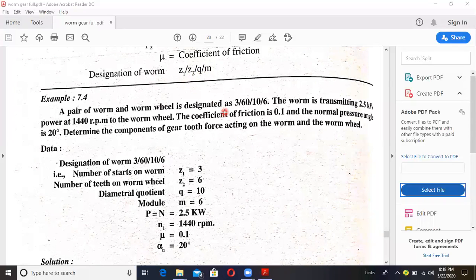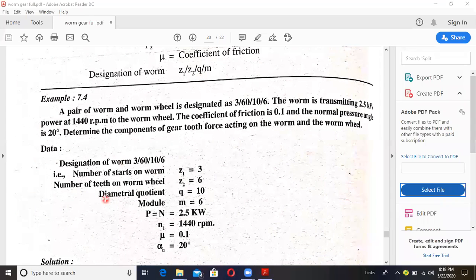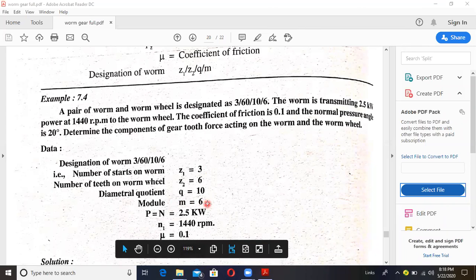So here 3 is Z1, the number of starts on the worm, Z1 is equal to 3. 60 is Z2, the number of teeth on the worm wheel, Z2 is equal to 60. The third term is q, the diametrical quotient, equal to 10, and the fourth term is module m equal to 6.